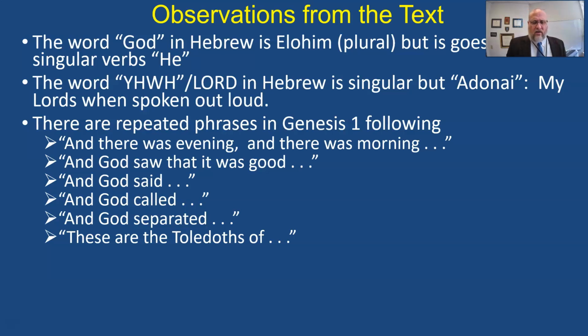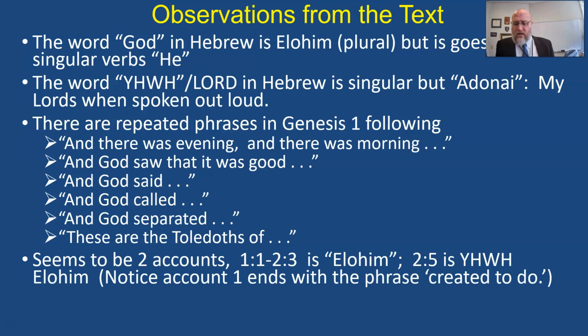And so how does the Toledoth version of the story relate? There do seem to be two accounts, where you've got an account with Elohim as the actor, and then in 2:5 you have the same event, but it's described as Yahweh Elohim.